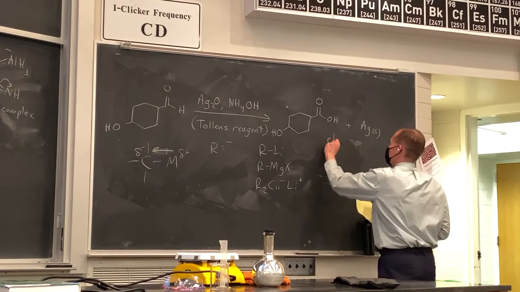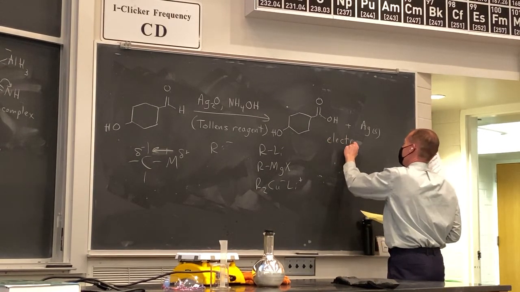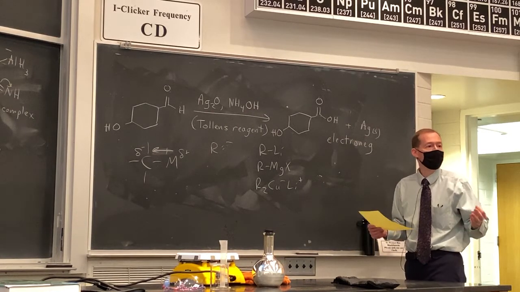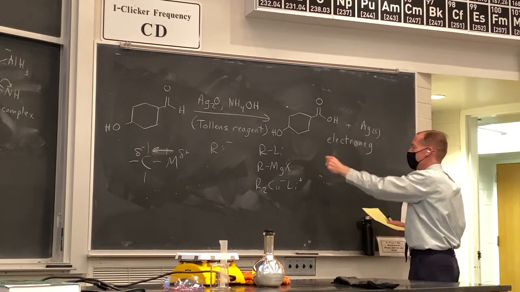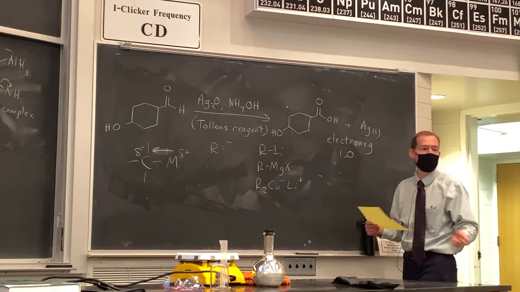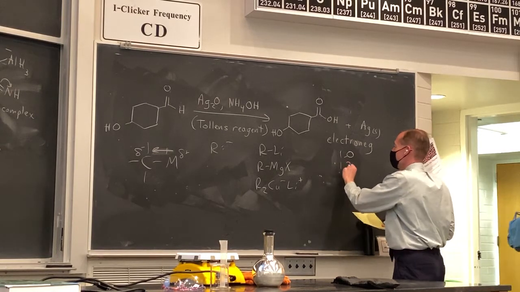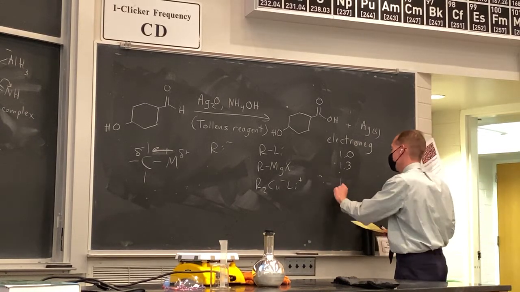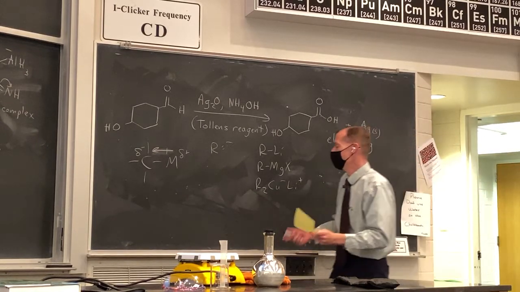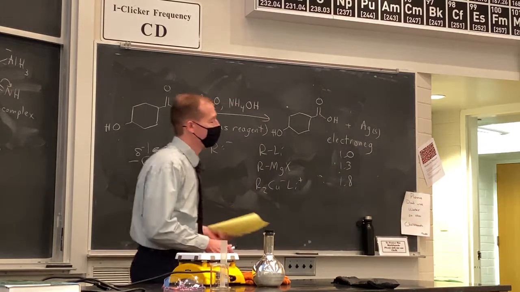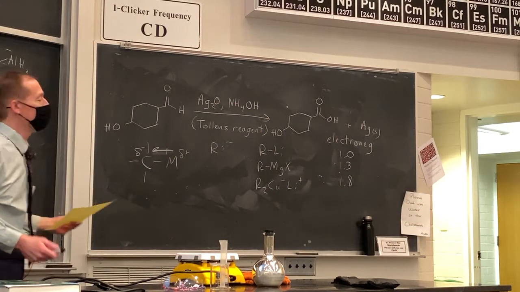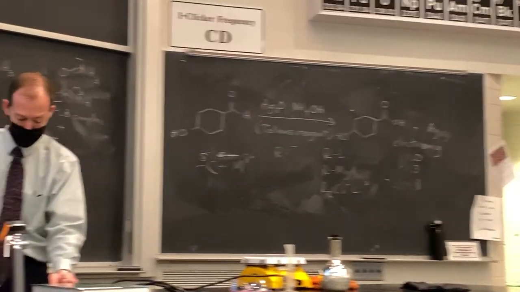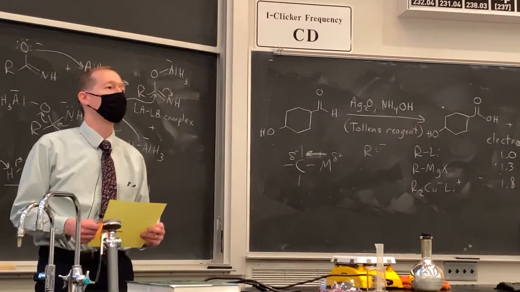So we're going to look at electronegativity values for the metals that are bonded to the carbon in these species. Lithium, it's 1.0. Magnesium, less electronegative than lithium, 1.3. Copper, less electronegative than magnesium, 1.8. So based on these values, which of these organometallics do you think is going to be the most reactive?